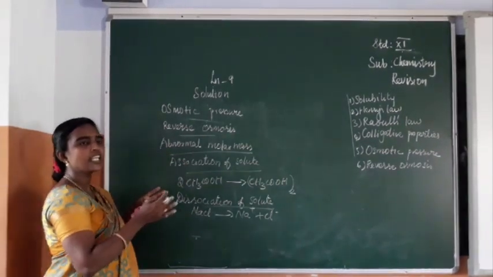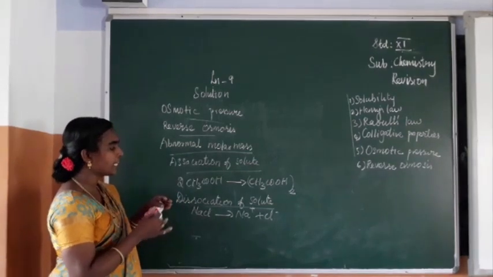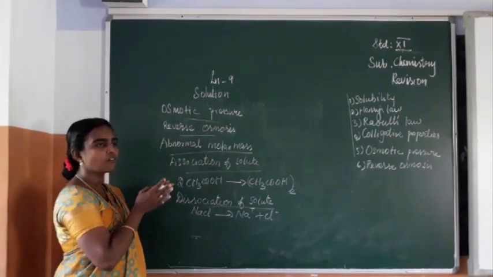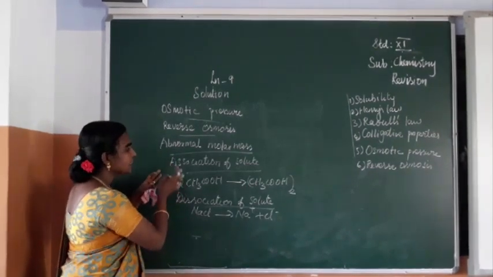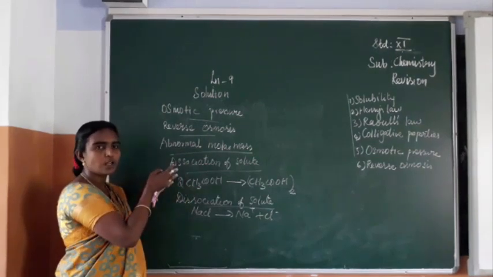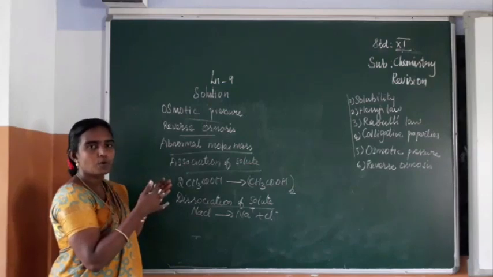The extent, the degree of dissociation or association, is given by a relationship with the van't Hoff factor. The van't Hoff factor is the ratio between the normal molar mass and the experimental molar mass.